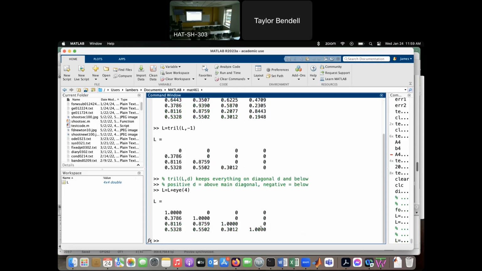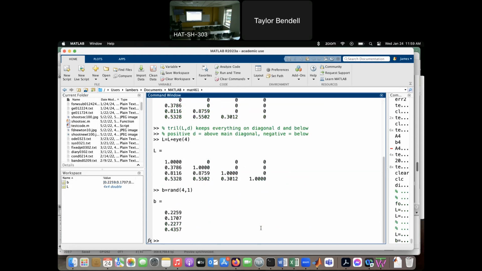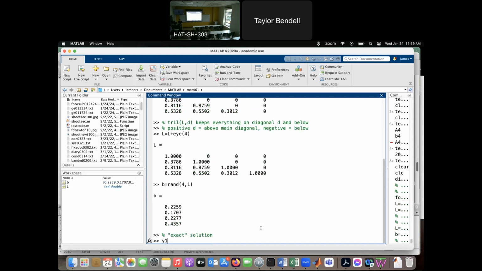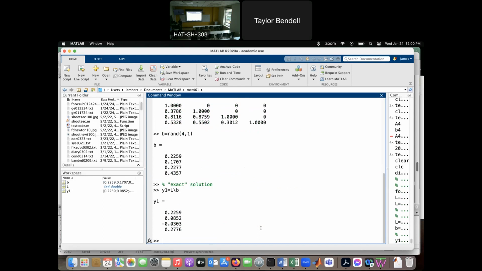And then I need a b. So I'm going to create a random right-hand side vector, a column vector, 4 entries. And then I'll compute the exact solution. For that, I'll just use MATLAB's backslash function. Okay, so this is the solution that I'm supposed to get.